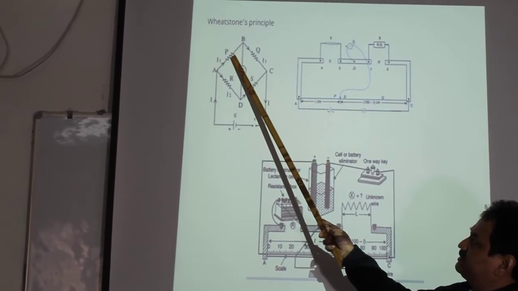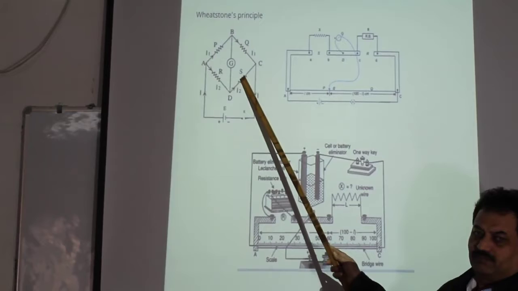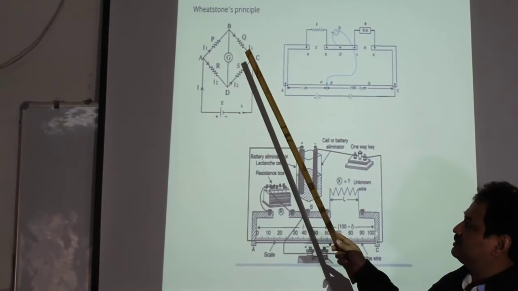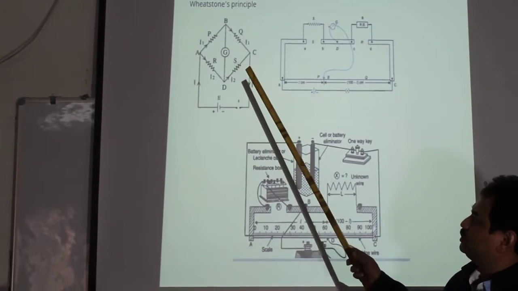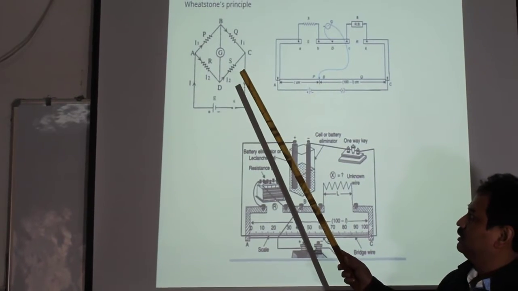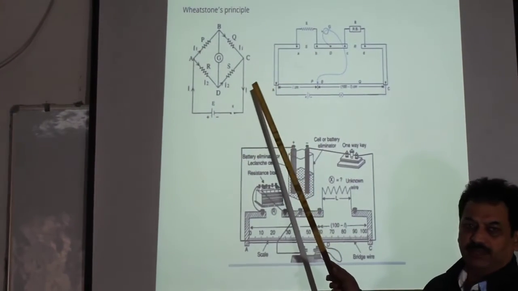The resistances are so adjusted in the arms that the galvanometer shows no deflection and the bridge in this state is said to be balanced.